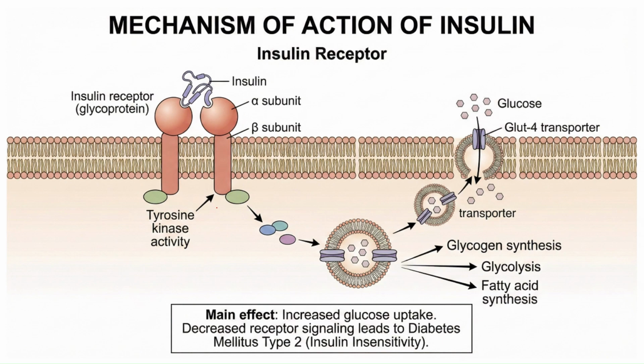These insulin receptors have four subunits, two alpha subunits and two beta subunits. The two alpha subunits are situated extracellularly, outside the cell, and the two beta subunits are in the membrane.